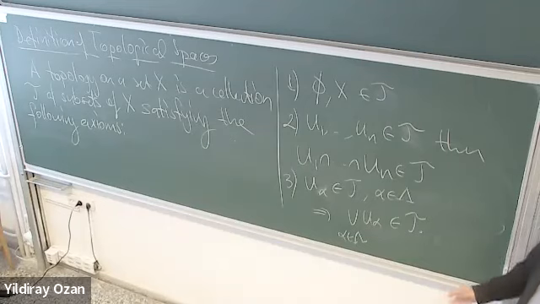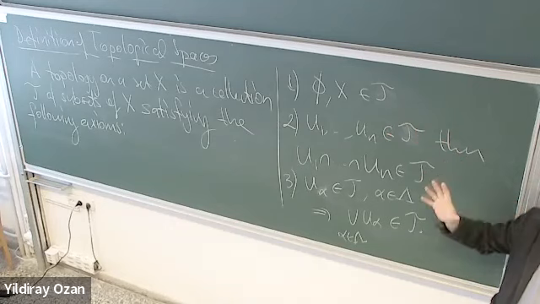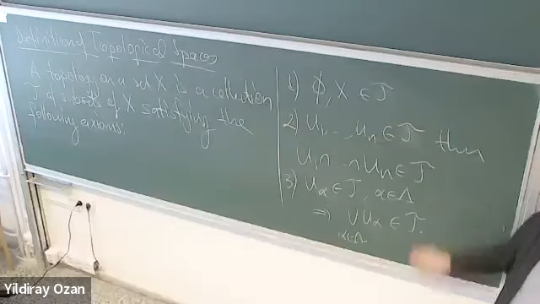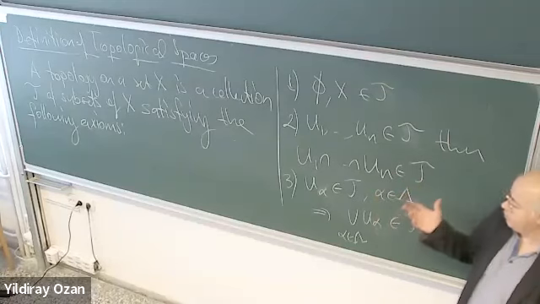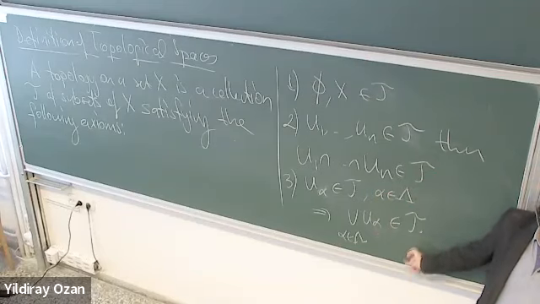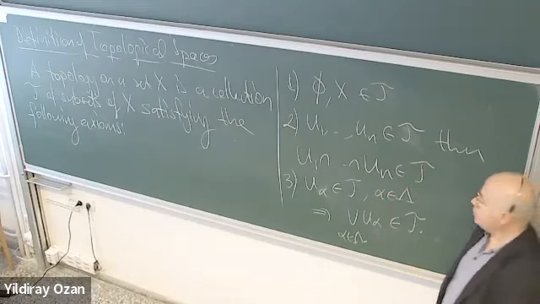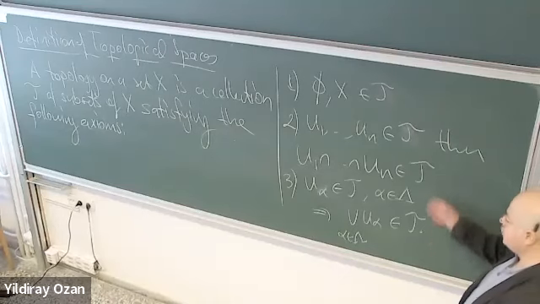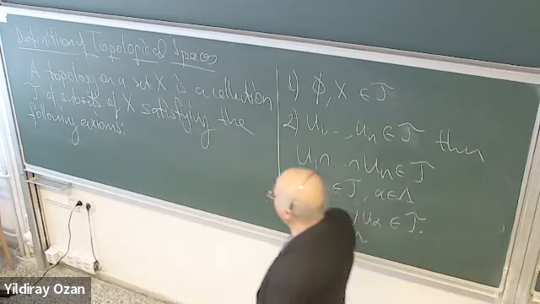So this means this collection should contain the empty set and the whole space. It should be closed under finite intersections, meaning that if you have finitely many elements, then their intersection lies there. And it should be closed under arbitrary unions. Such a collection is called a topology on X.